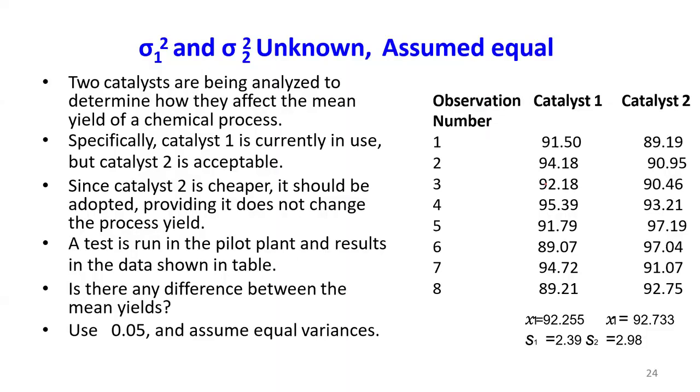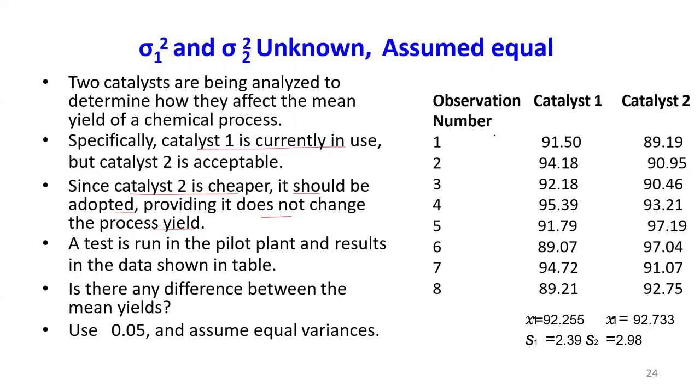Currently catalyst 1 is in use, but they are looking for another acceptable catalyst, and they have seen that catalyst 2 is cheaper, and they are thinking it should be adopted, provided it does not change the process yield.